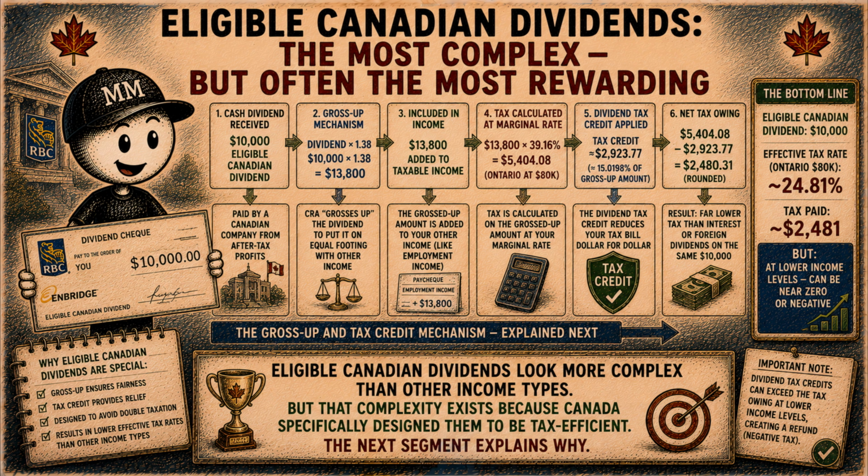This is where it gets interesting. And this is the category that requires the most explanation. Eligible Canadian dividends, paid by Canadian corporations that have already paid corporate tax on their profits, receive the most favorable tax treatment of any investment income in Canada. At $80,000 Ontario income, the effective tax rate on eligible Canadian dividends is approximately 24.81%.